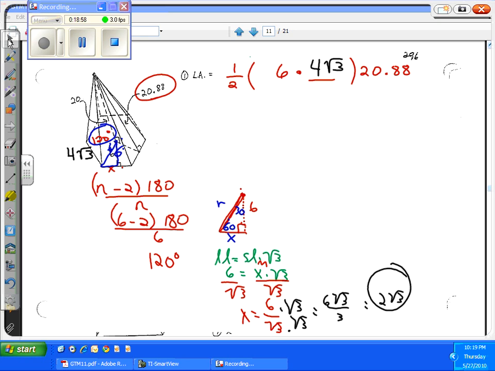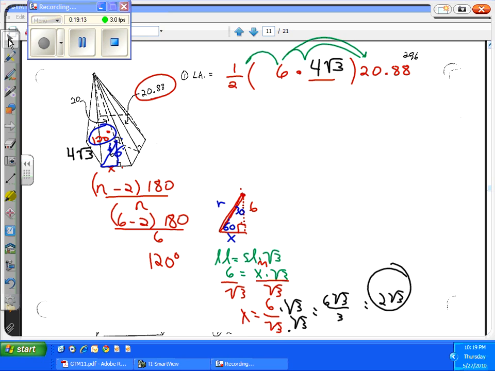And so we have a side. I'm going to mark that in here, that a side is 4 square root 3. So now we can find the lateral area. Half of 6 is 3 times 4 times 20.88.